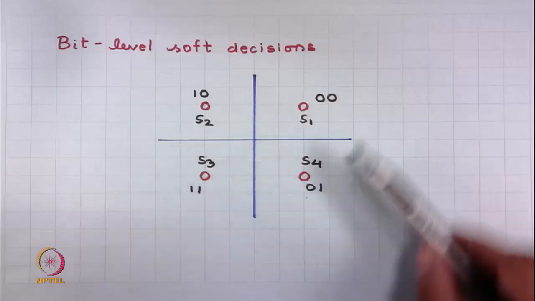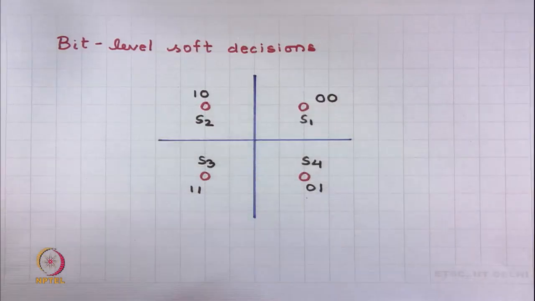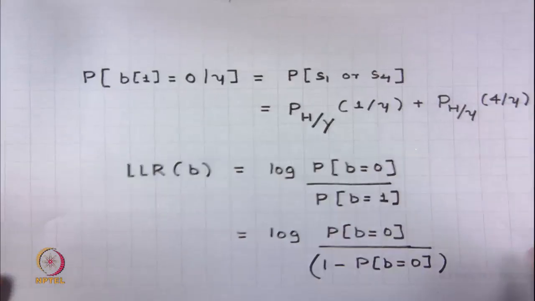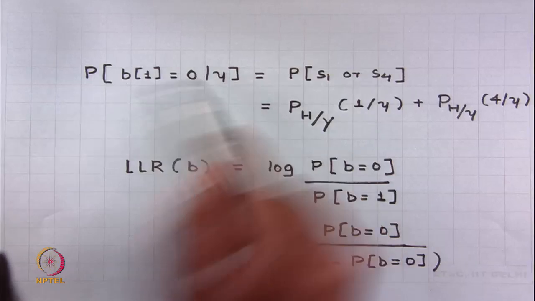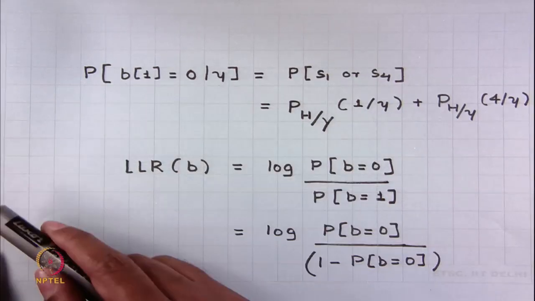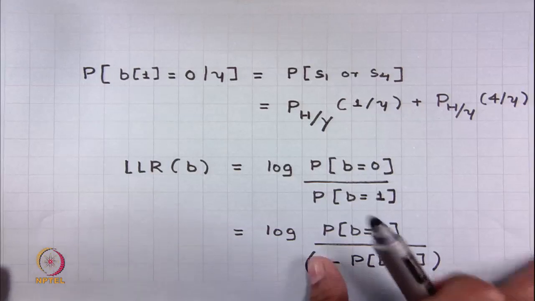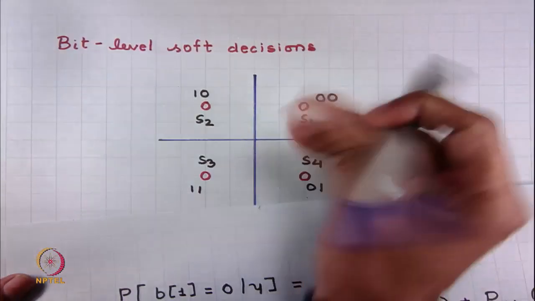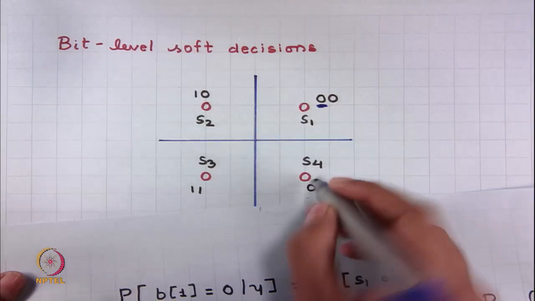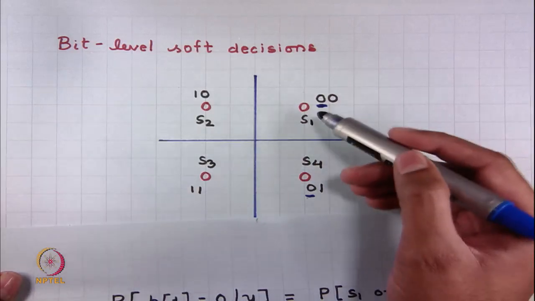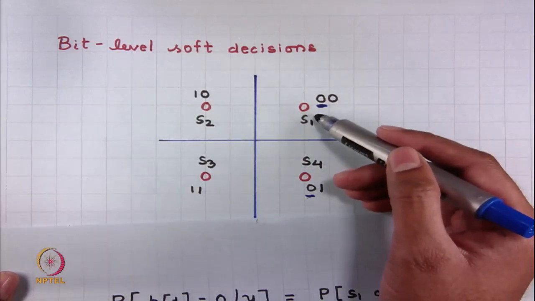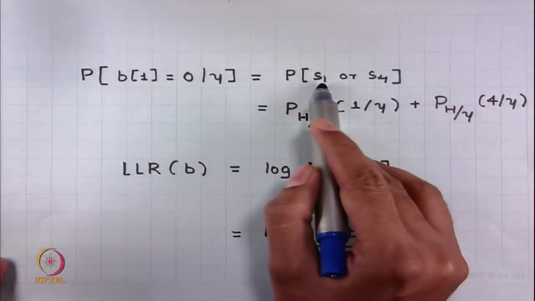So, we are using gray coding again to assign bits to the symbols, and we want to find out the likelihoods at the bit level. So, the detector will like to find the probability that bit 1 is 0 given an observation, whatever that observation is. And if you look at this mapping, bit 1 is 0 here and here. So, this probability is the same as the probability of the signal being S1 or S4.